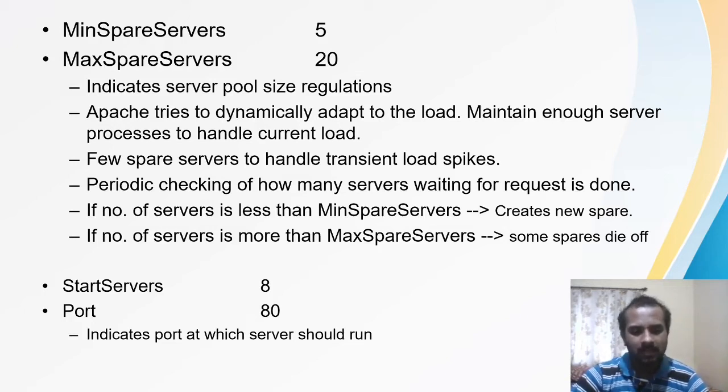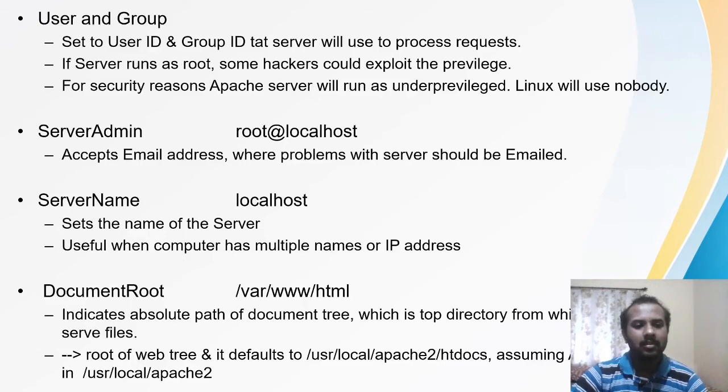Start servers and the port: the port indicates through which port the server should communicate or run. User and group IDs will be set, from which the process will process the request. If the server runs as root, there may be problems with security because hackers may come and exploit the privilege.